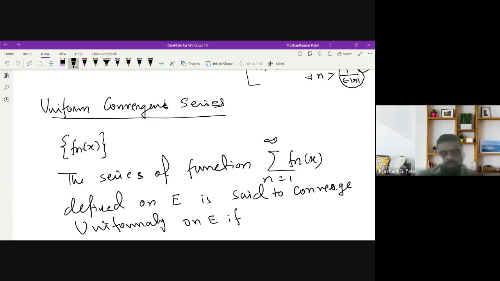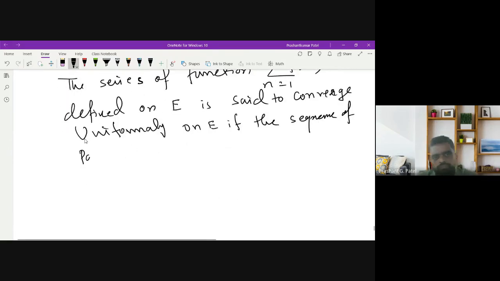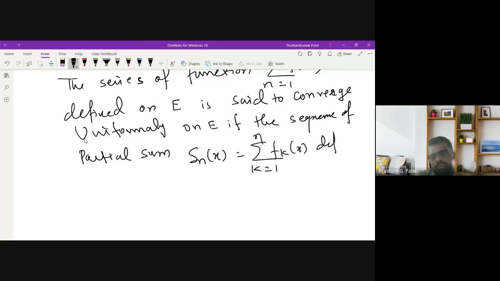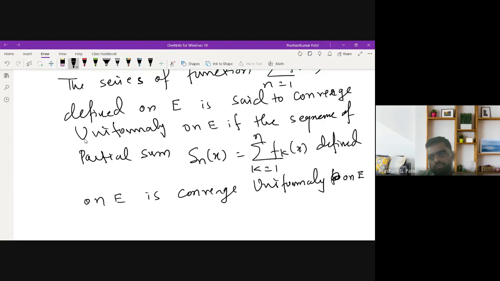It's the same definition we have here: if the sequence of partial sums, that is Sn of x, which is summation k running from 1 to n of fk of x, defined on E, converges uniformly on E. So what is this Sn actually?